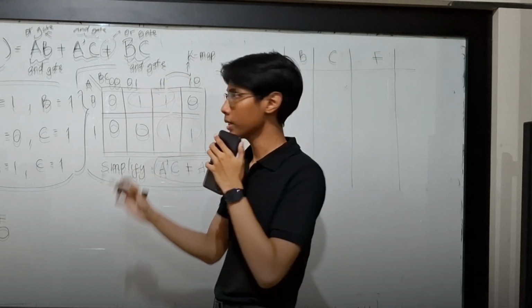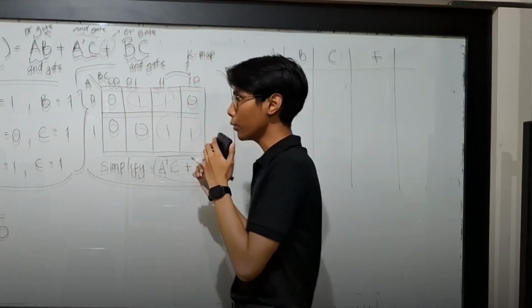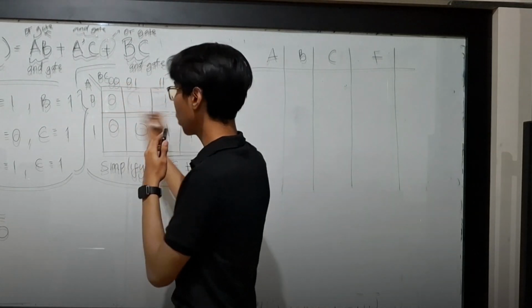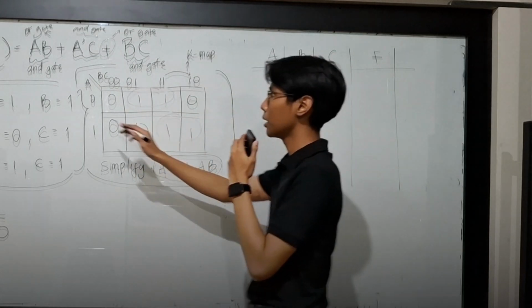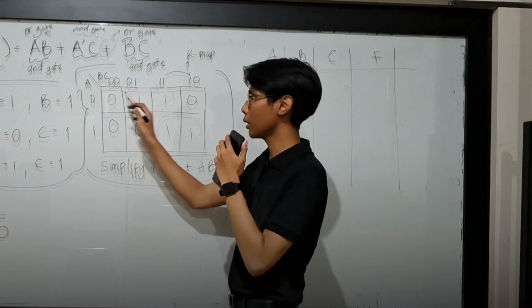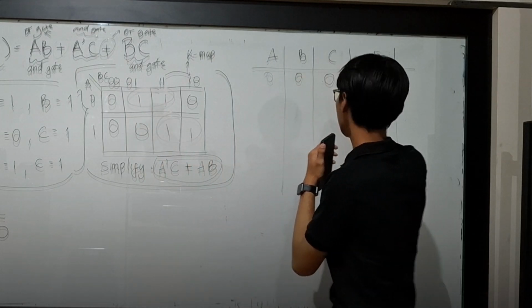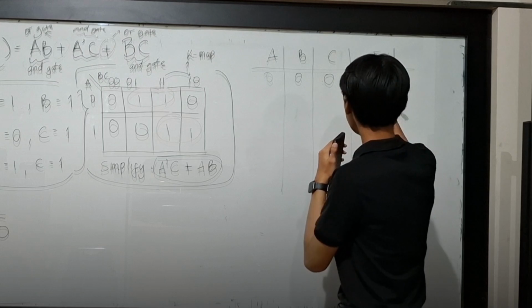First I will take block 1: A 0, B 0, C 0, and the output is 0.